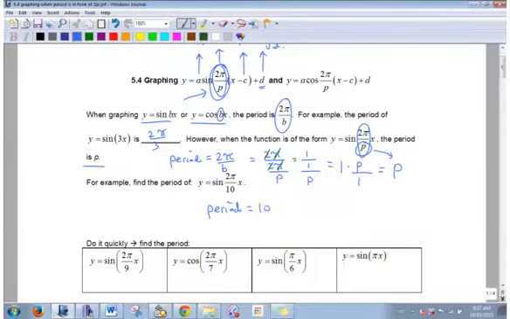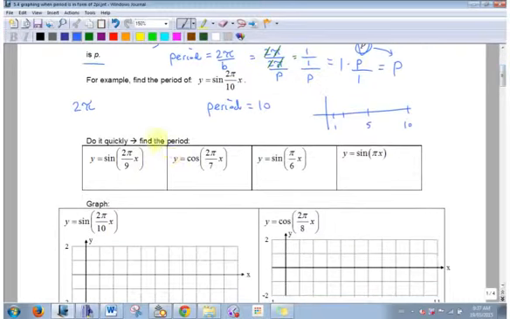Why do you want to graph that as opposed to a period of 2 pi? No fractions, right? Well, maybe. But it's going to be like 1.5 or 2.5 instead of 7/6 pi. So these ones are nicer.